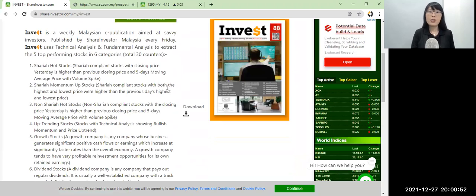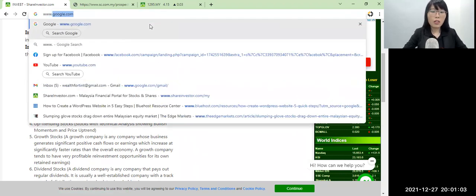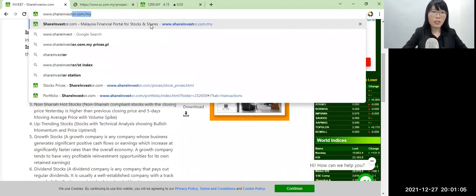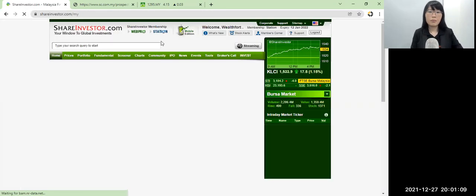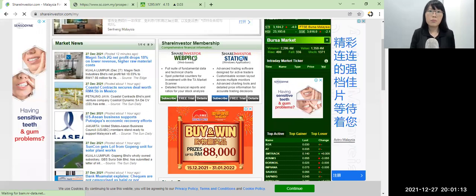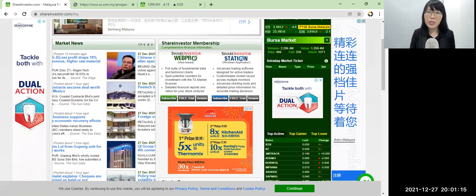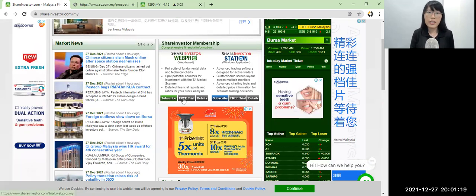So these are the features of ShareInvestor WebPro. If you wish to subscribe, how to subscribe? You can go to www.shareinvestor.com/my. For ShareInvestor WebPro, if you wish to test out the features, you can click on the free trial.